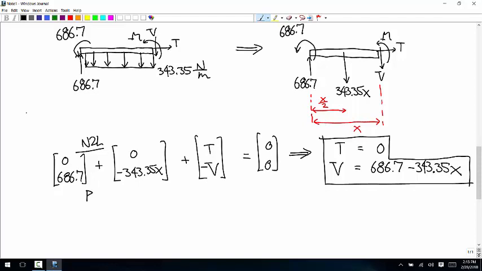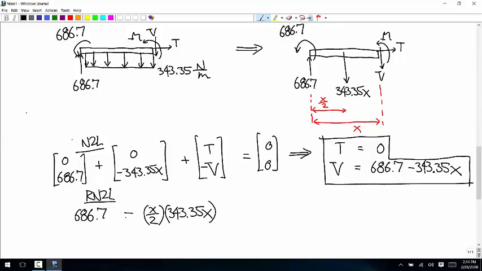And then the moment equation, we have the couple. That's a positive couple of 686.7 at the left-hand point. Then we have a moment arm of x over 2 with a force of 343.35x. And that weight force, is that clockwise or counterclockwise?